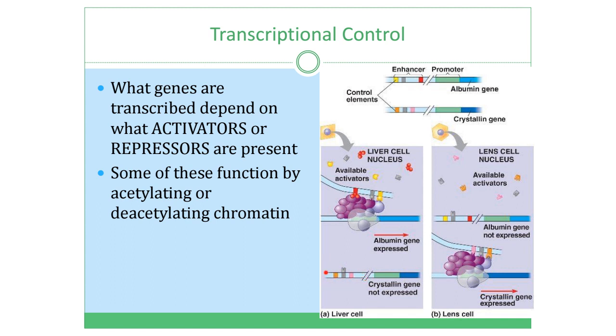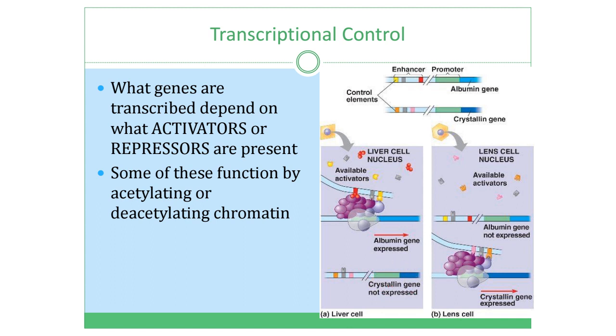You need the right collection of the activators that bind those control elements, which are part of the enhancer sequence, in order to get transcription of the gene. So that's why you would have this albumin gene expressed in a liver cell, whereas crystalline, this is a gene specific to your eye, would not be expressed in the liver.